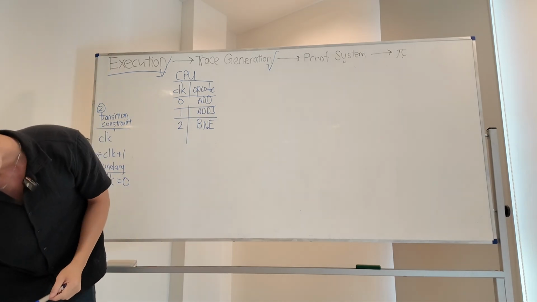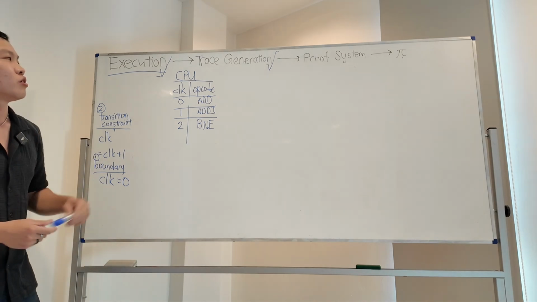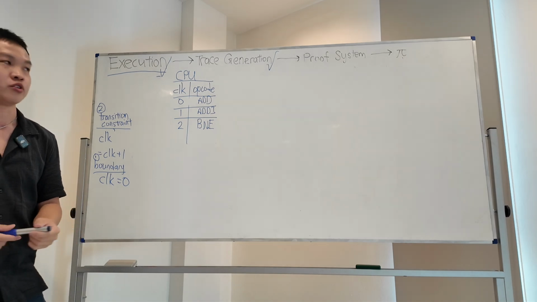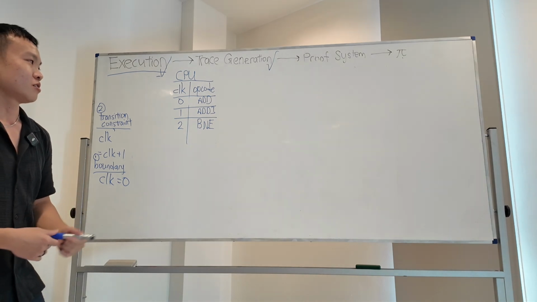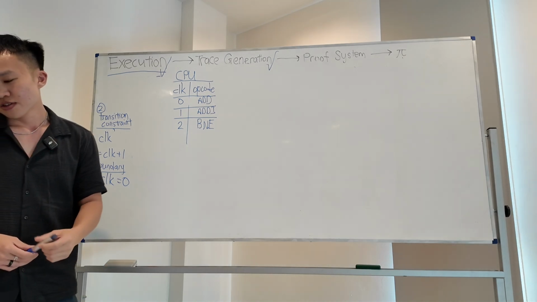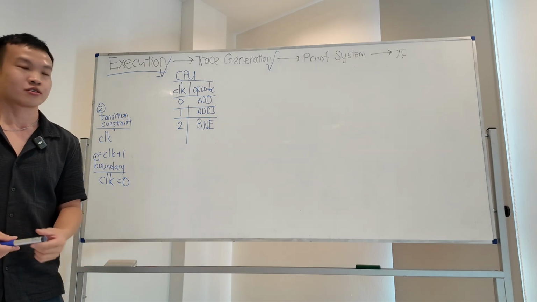Eventually, all the columns in the table will become polynomials, and you evaluate these polynomials to be 0 at some random challenge point. And that's sort of how you enforce those constraints.